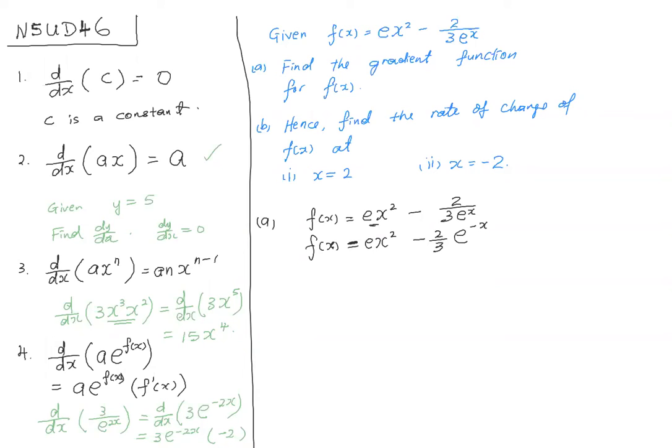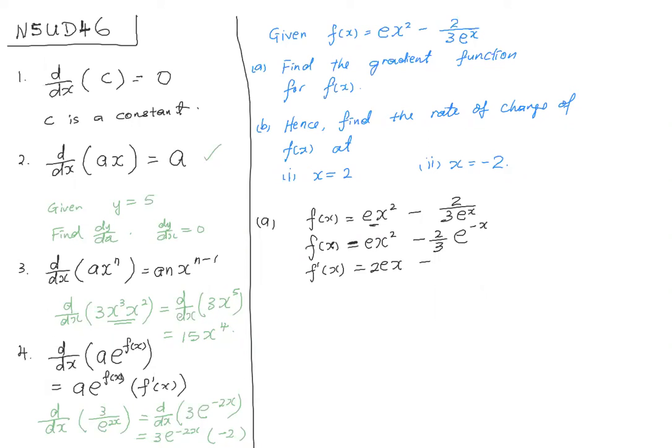Now, Amanda, can you tell me what is the gradient function? For the first term, which formula do I use, 3 or 4? 3. Okay, so can you give me the answer? 2e^x.